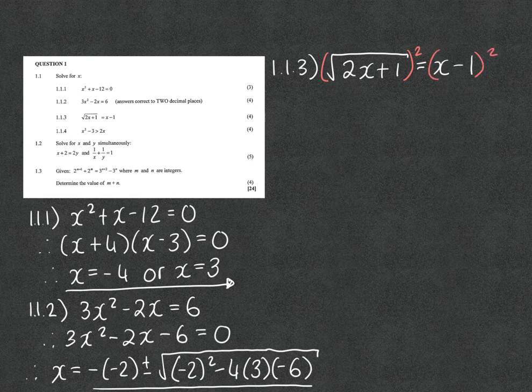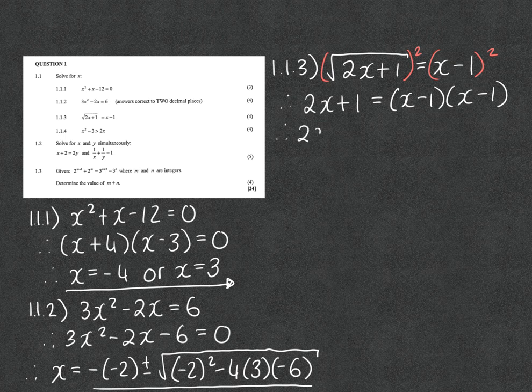Once we've squared both sides, the square root falls away, so we're left with 2x plus 1 equals x minus 1 squared, which is x minus 1 times x minus 1. A lot of people make the mistake of multiplying the 2 in and saying x squared plus 1. That's wrong. Remember, it is a binomial times a binomial, which means you will have to FOIL.